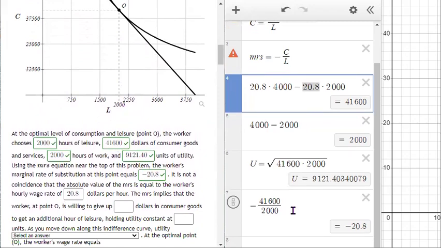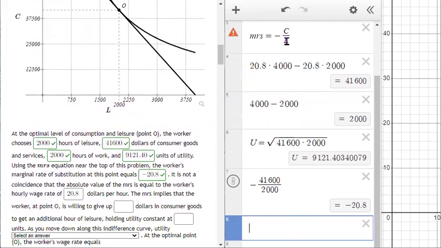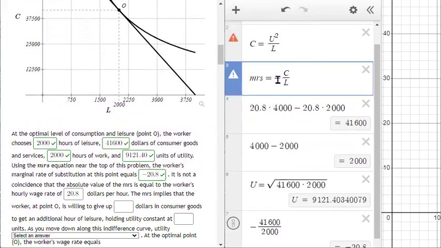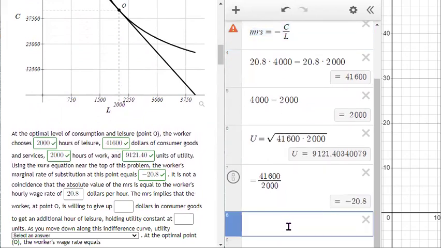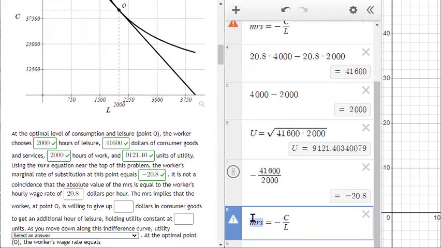Remember, economists interpret the slope as what? We can write the MRS as dC over dL.